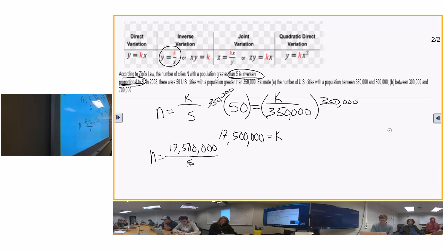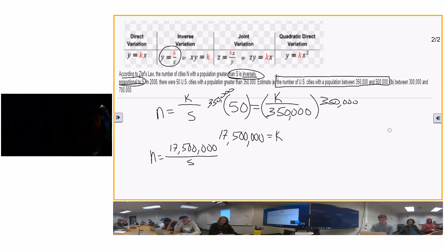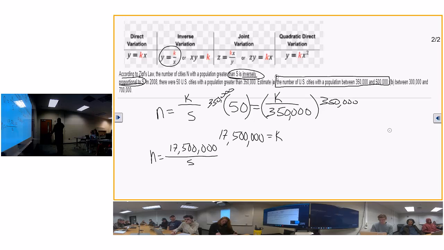Now, number of cities with a population between 350,000 and 500,000. So that would mean that we're going to put the population in for S. Or we can say N is between 17,500,000 over 500,000 and 17,500,000 divided by 350,000.